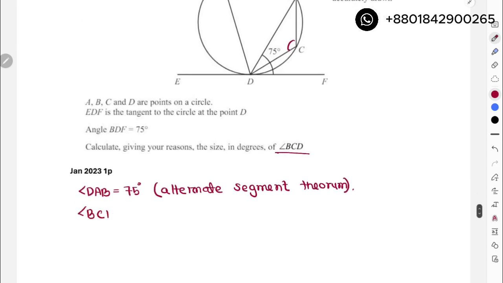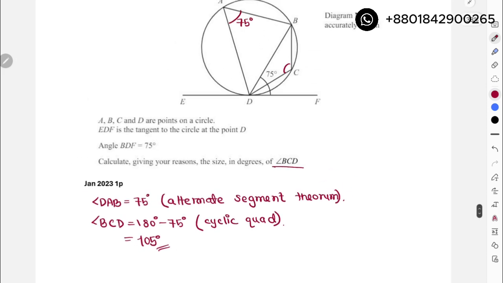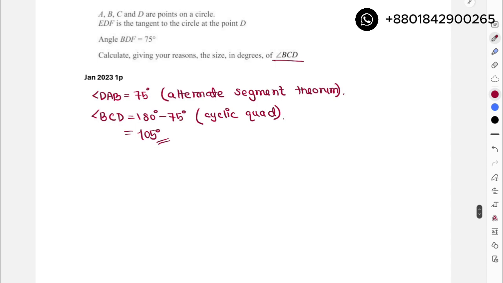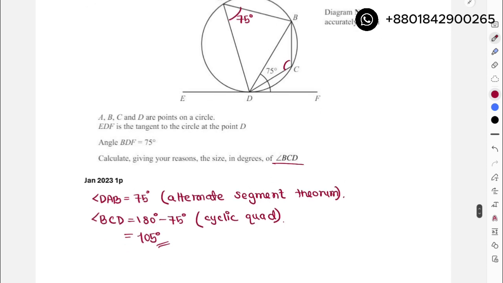Angle BCD is going to be 180 degrees minus 75 degrees, for a cyclic quadrilateral. So 180 minus 75 is going to be 105 degrees. So your final answer here is actually 105 degrees, right? Okay, so this is it actually. They're giving you maybe 2-3 marks for this question, so this is enough, right?